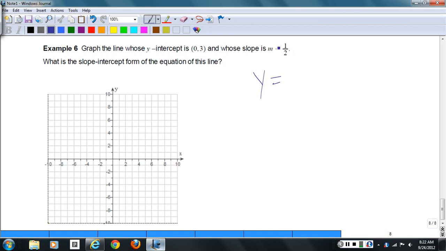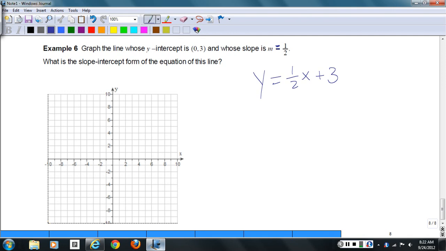For some reason, if I zoom in or zoom out just the right amount or the wrong amount, it makes that look like it's negative, but really m equals positive 1/2. So the slope is positive 1/2. So y equals 1/2 x plus 3. You can think of this as the given information.